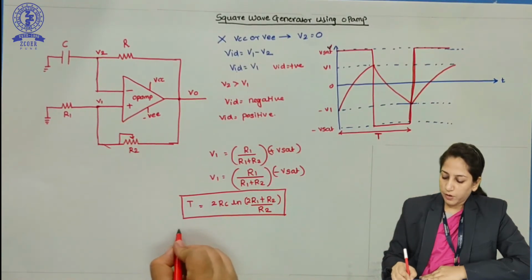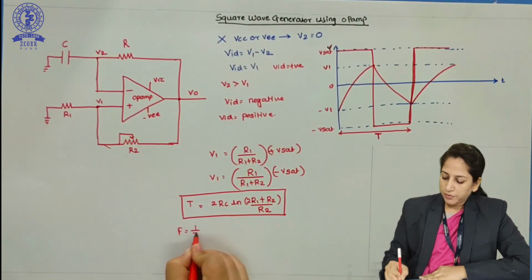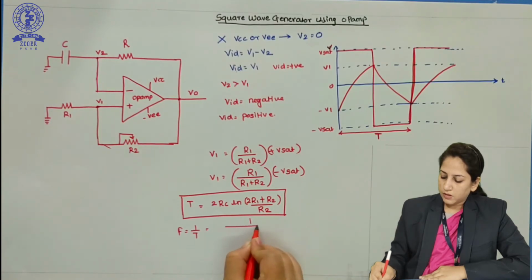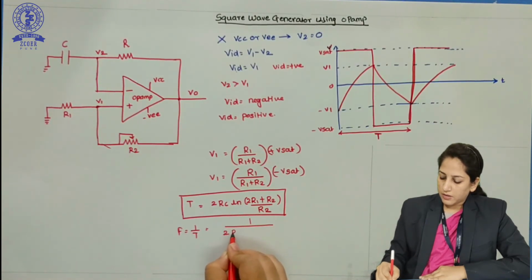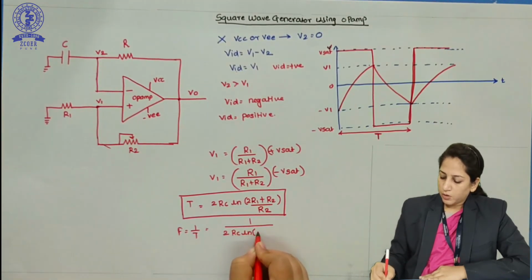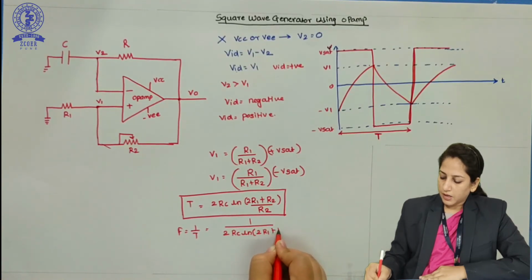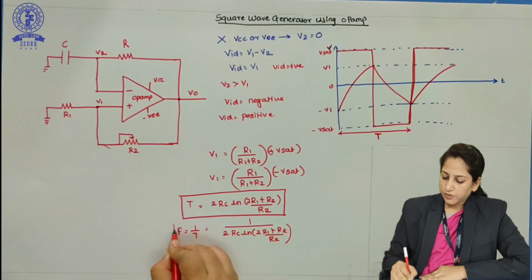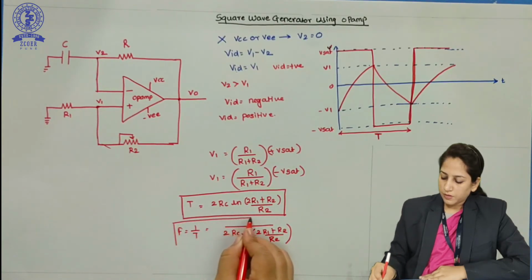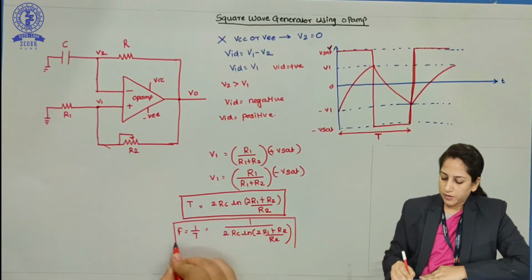Okay, and so my frequency will be the inverse of time, which will be the inverse of this formula. So it will be 1 upon 2 RC natural log of (2 R1 plus R2) upon R2. So this is the formula for frequency.